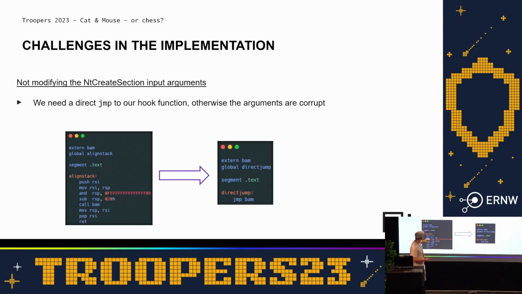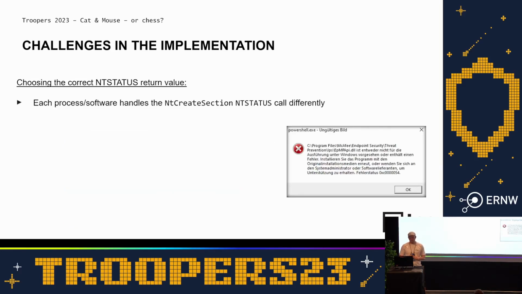And we don't have to do the stack alignment in our proof of concept because the function that typically calls NT_create_section already aligns the stack for us. So we don't need to do that at all. This is a special case. We can just directly jump, then all input parameters are not corrupted, and the stack is already aligned, and this is fine. So this is also a special case for this proof of concept.